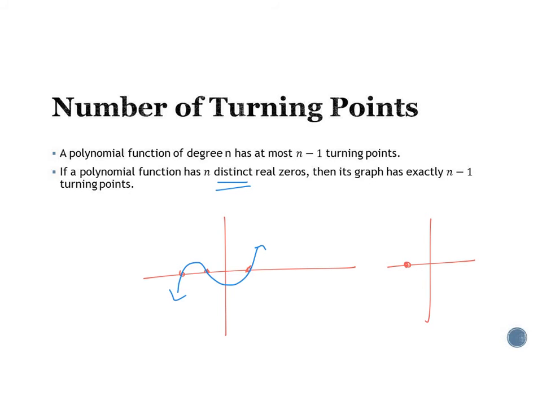If that was a distinct zero, but this was a double root, then it's going to cross there, but it's not going to cross there. But you might then also ask yourself, did it still turn? Well, it has 3 zeros. Did it turn twice? So there you go.